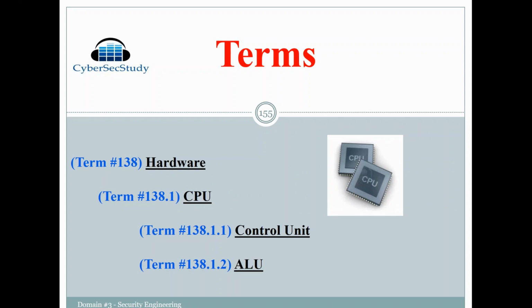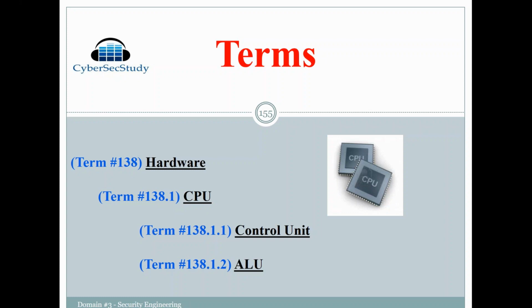There are two major components of the CPU, and we need to make sure we know that. There is a control unit and arithmetic logic unit, or ALU. The control unit in a CPU coordinates activities of other CPU components during program execution. It's like the traffic cop.